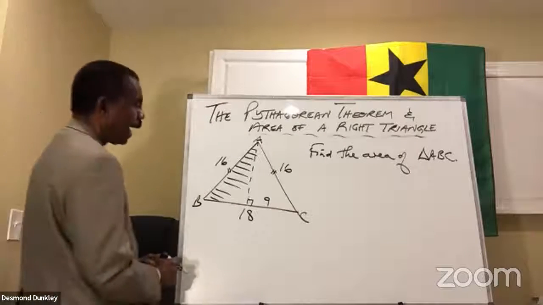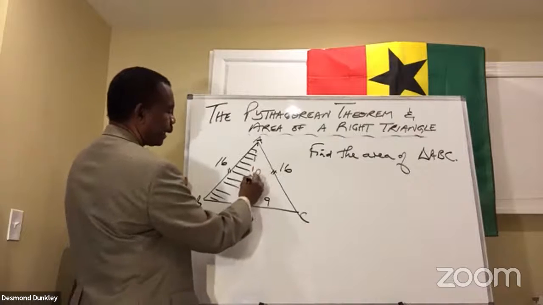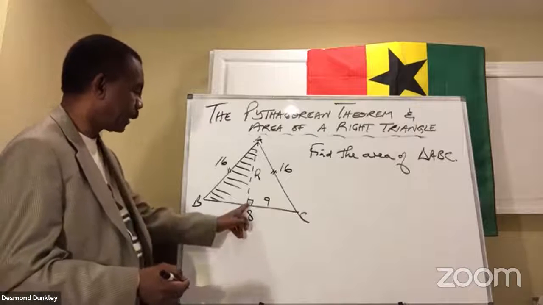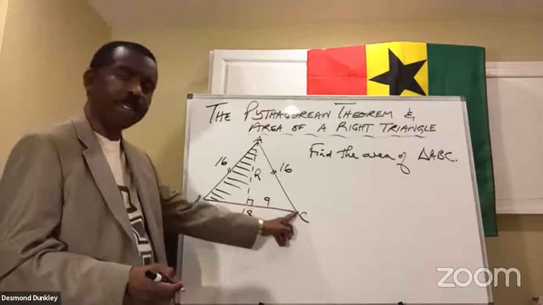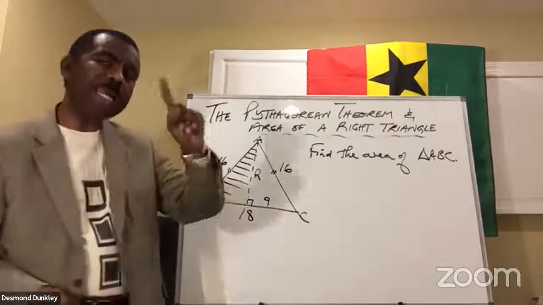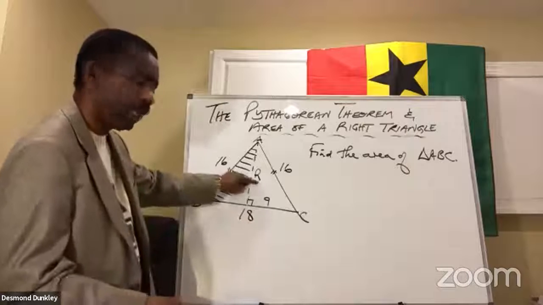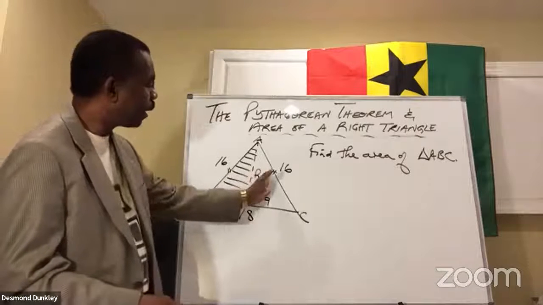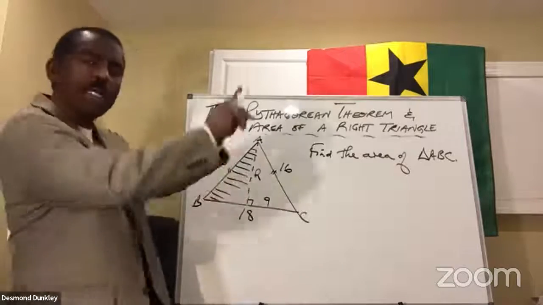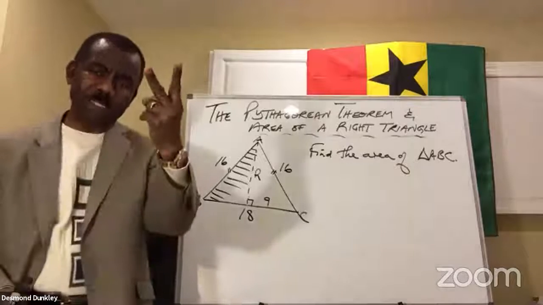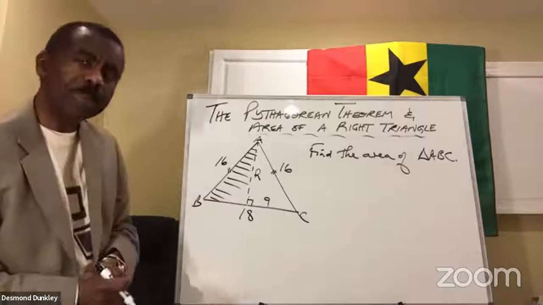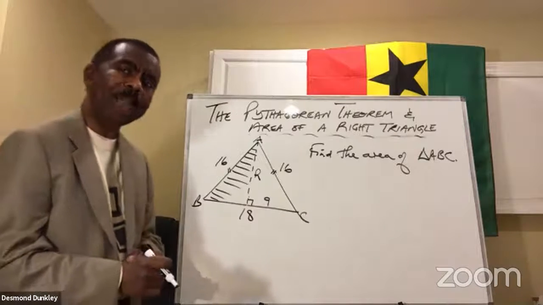So, if I am able to find this height, and I know that this base from here to here is 9, because it's a half of BC, then if I use the Pythagorean Theorem and find h, I can find the area of half of the triangle, and then to find the area of the entire triangle, I just double it. Yes? Okay. So the first line of business is to find the height.